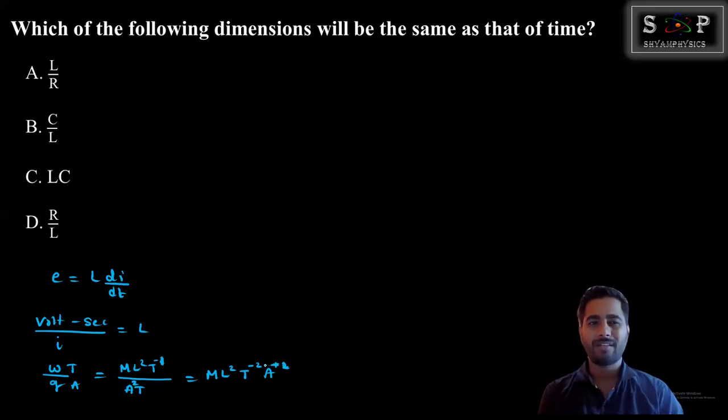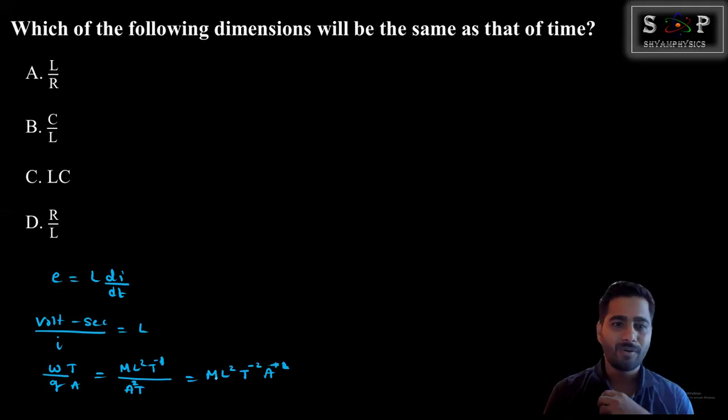So it will take a little time, just be patient. Okay, for inductance we got it. Inductance is equal to m L to the power 2 t to the power minus 2 a to the power minus 2.